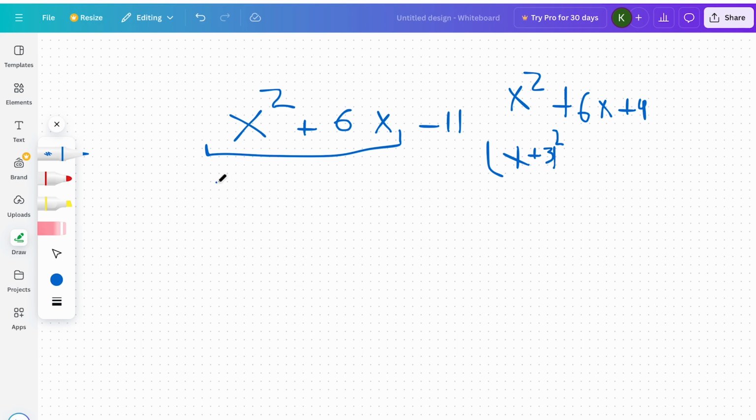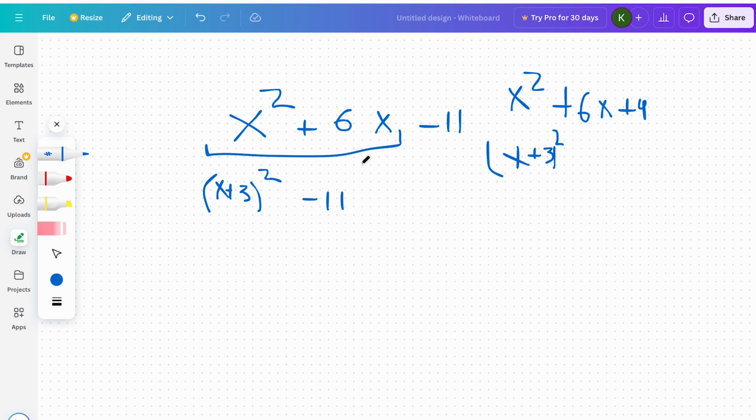We're going to do the same thing as last time. You bring down this x plus 3 squared, bring down your negative 11, but x plus 3 squared is equal to x squared plus 6x plus 9.